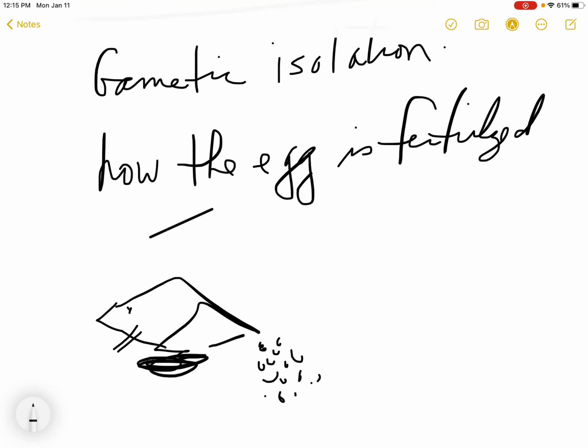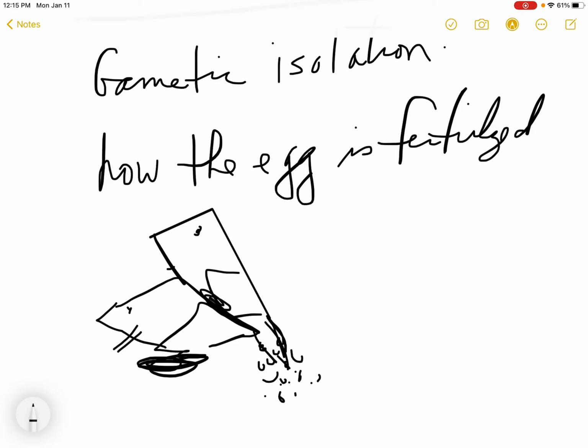Well, the male frog simply sits on top of the female, like this, and as the eggs come out of the female's body, the sperm is just deposited on top of the eggs outside. It's an external form of fertilization. Many fish also fertilize this way. So there's no penis, there's no inserting any body parts.